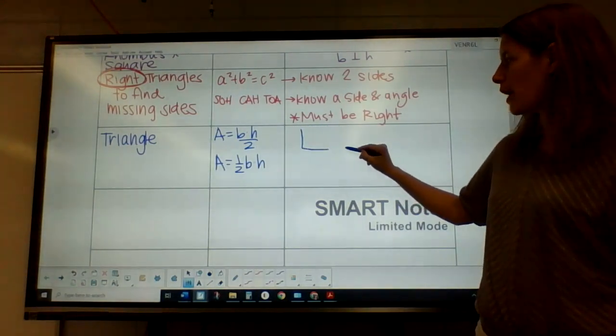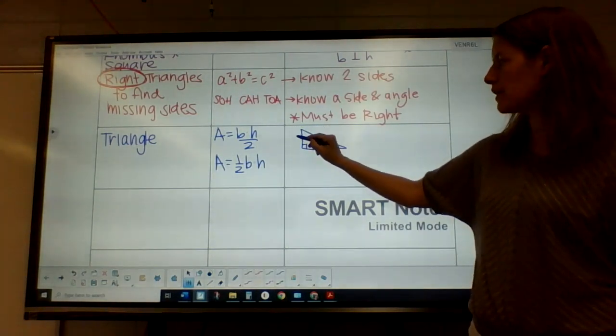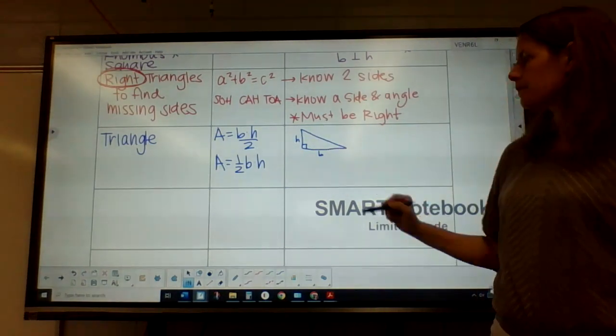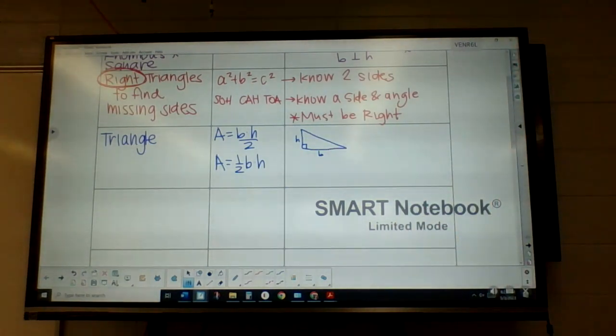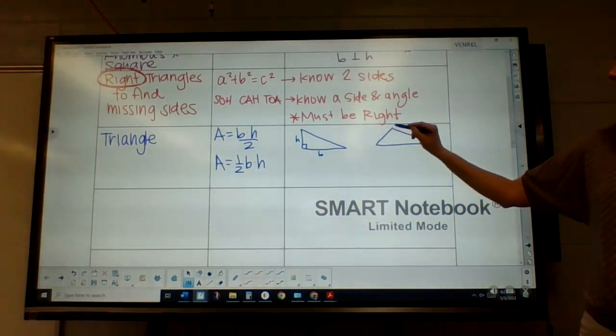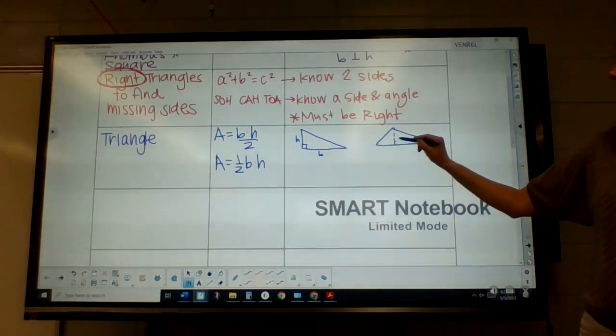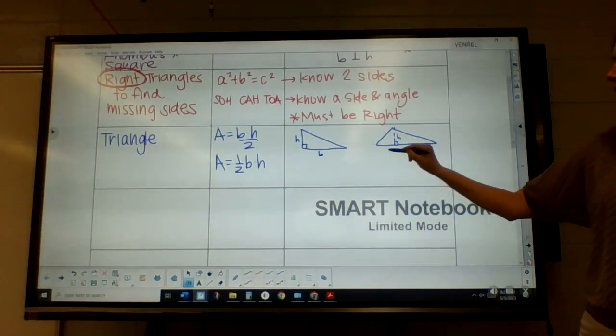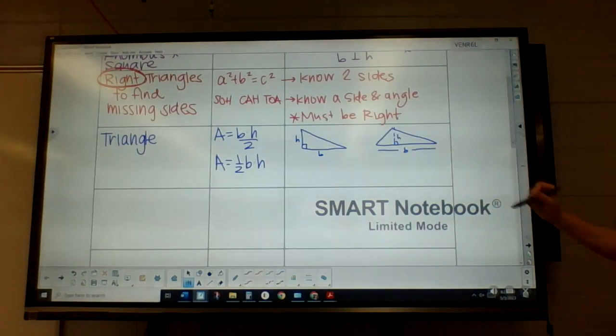So if it's a right triangle, but if it's a non-right triangle, the height is probably going through this shape, where the base is across the bottom.